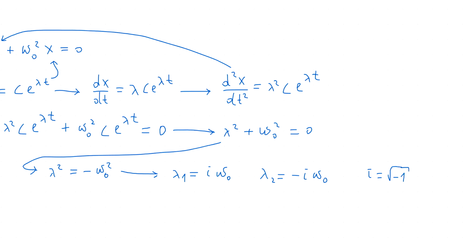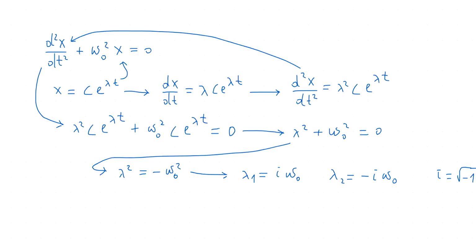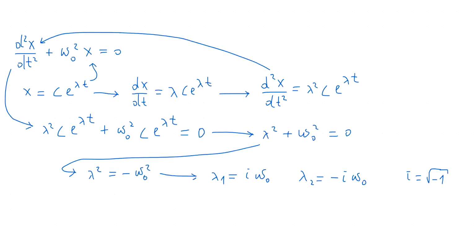As you can remember from calculus or discrete mathematics, a square root of negative values doesn't exist in real numbers, but it exists in complex numbers. So now it is necessary to use complex numbers in this case.